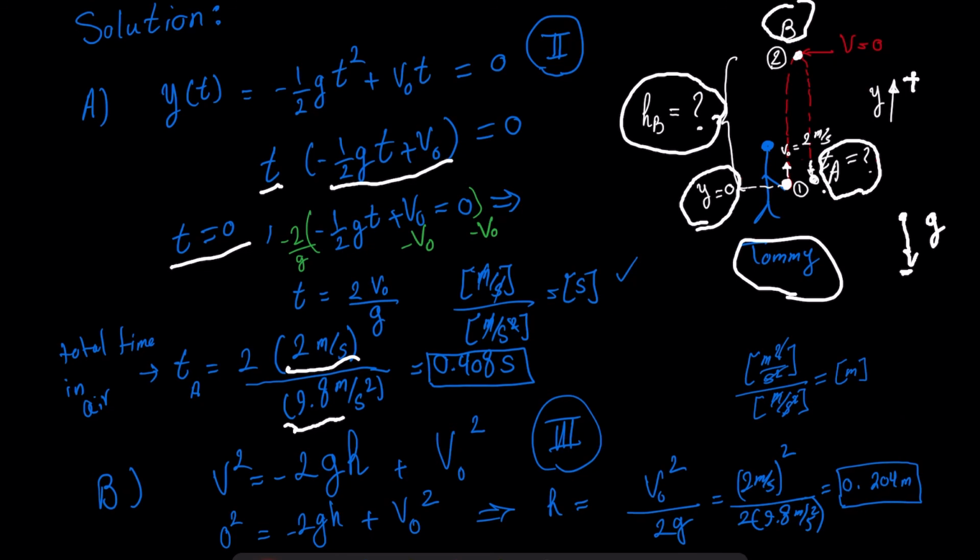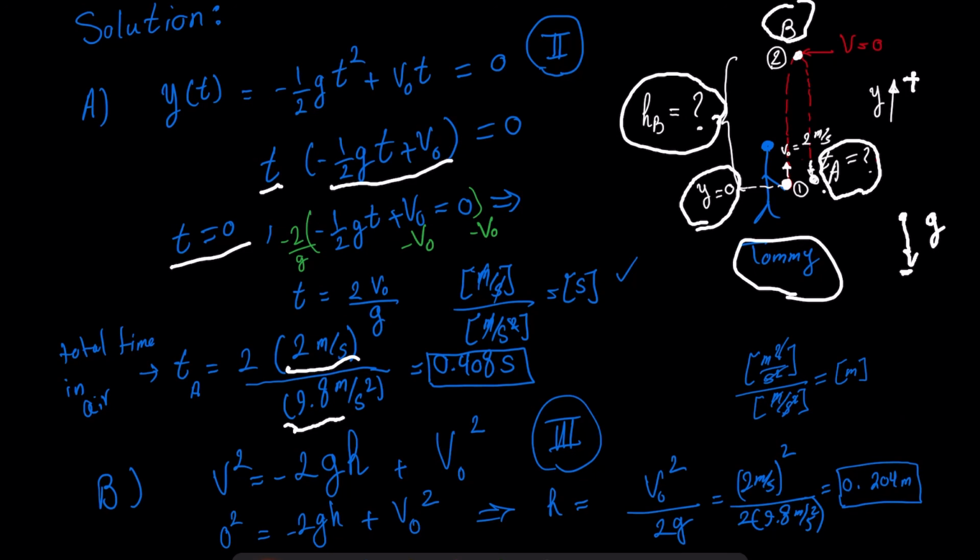So we have v squared equals, again with the negative sign because of the direction of gravitational acceleration, negative 2 g h plus v naught squared. We set v to 0 and we solve for h. We get v naught squared over 2g.